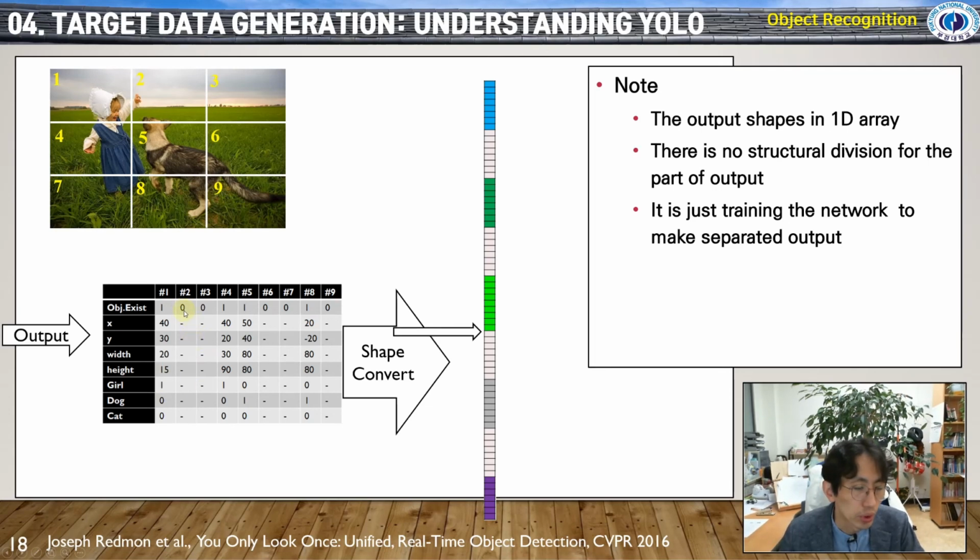And also, when you are calculating the loss function, we need to ignore the errors when no object exists. The first bit is 0. If this bit is 0, then we should not calculate the loss for any errors for the information behind it.